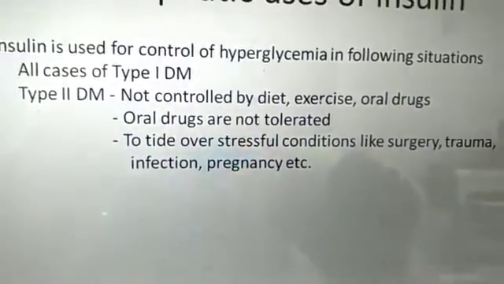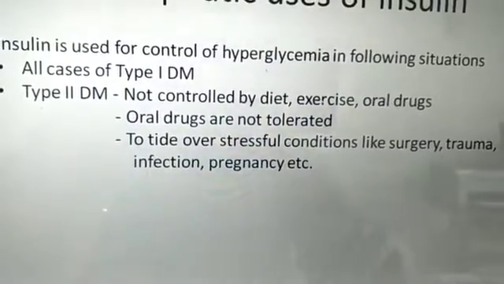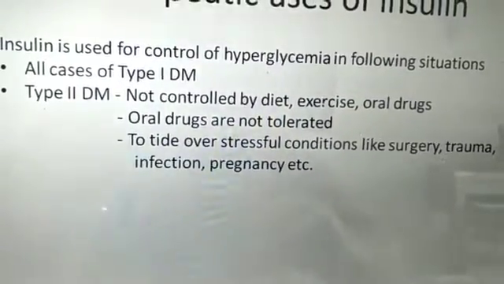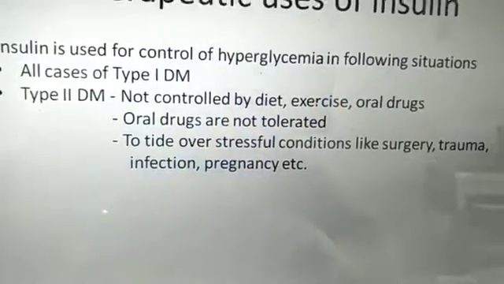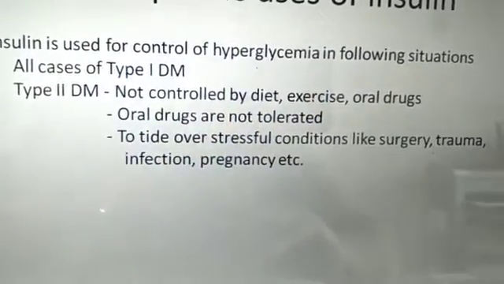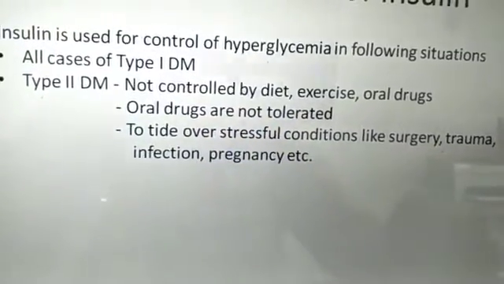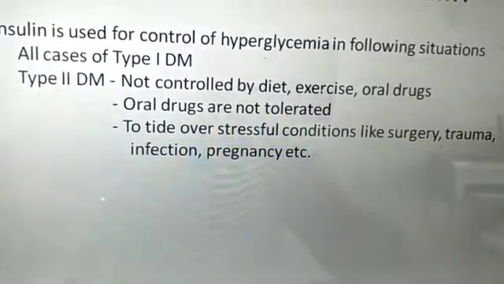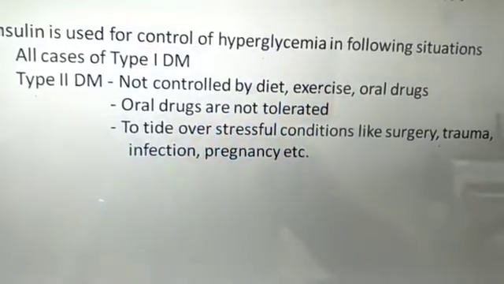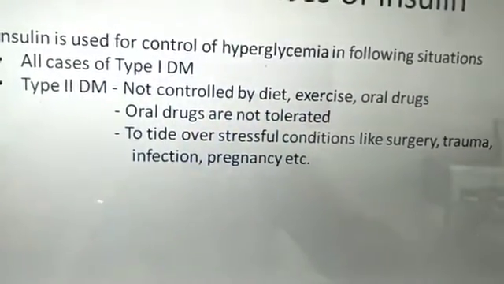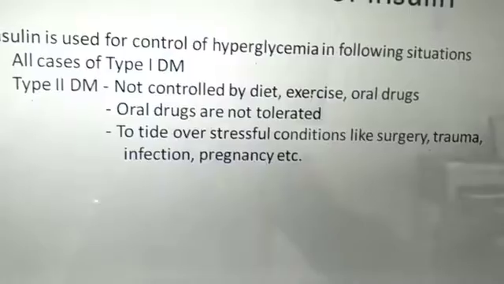Type 2 diabetes mellitus is normally treated with non-pharmacological measures and oral anti-diabetic drugs, but sometimes in some situations it becomes necessary to give insulin. Those situations when the blood glucose levels cannot be controlled by these measures: diet, exercise and oral drugs.